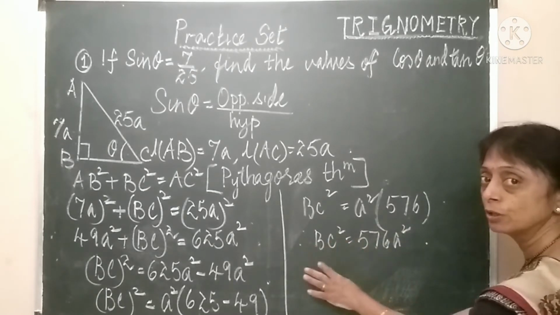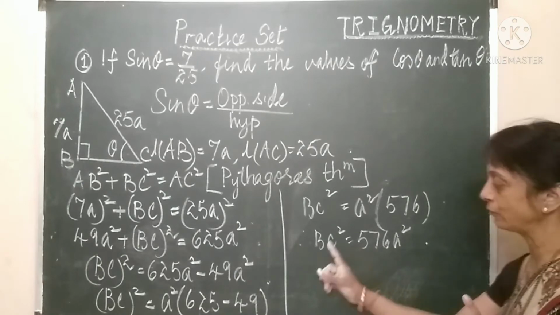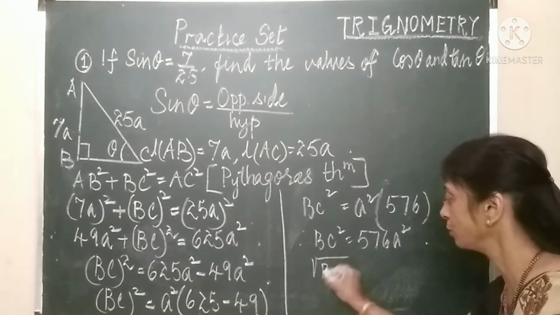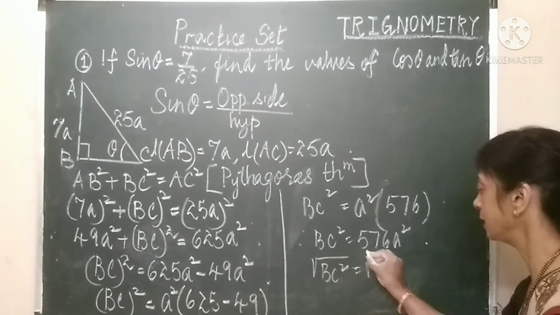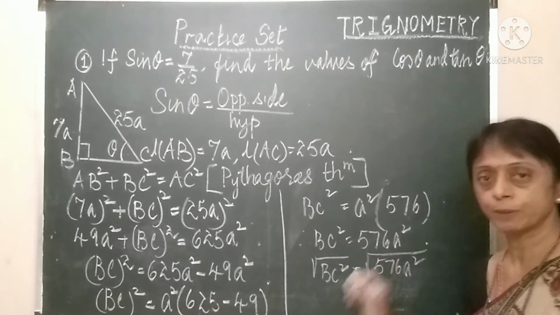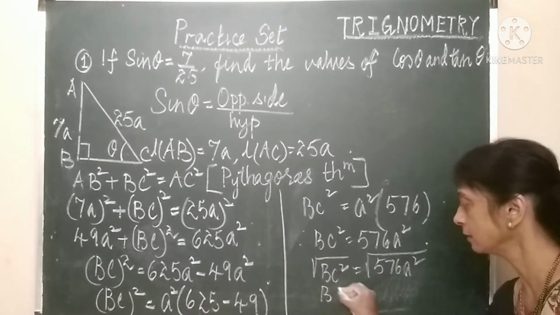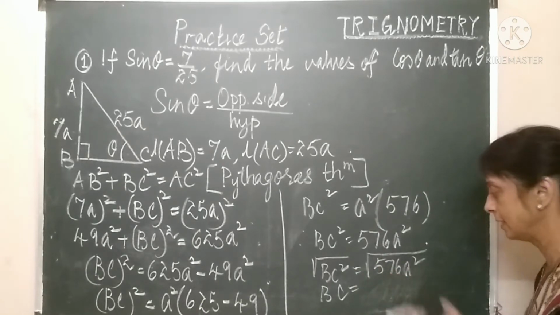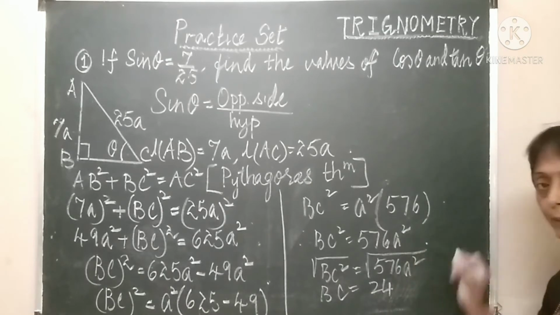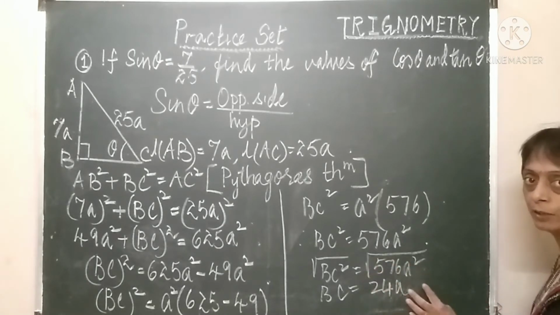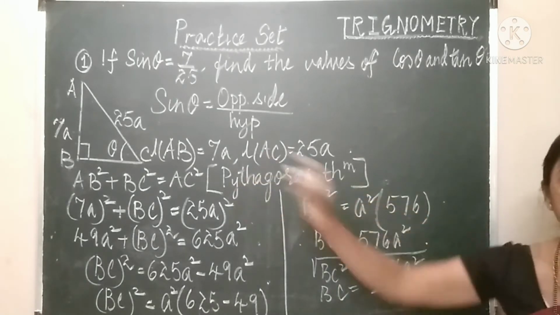Taking the square root on both the sides, because ultimately we have to find out only the value of BC. So what do we do? Square root of BC square is equal to square root of 576a square. Square root of BC square is only BC, which is equal to square root of 576 is 24. Square root of a square is a. We do not consider the negative square root value because we are finding out the length.